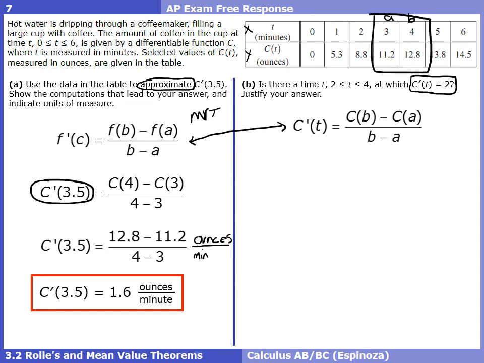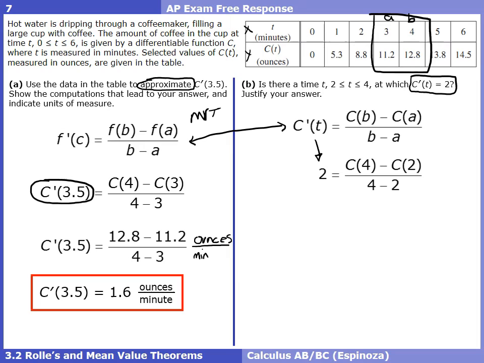So, is there a time between 2 and 4 where we have a derivative equal to 2? Well, let's see. We want to verify that if c prime of t is 2, does the slope of the secant line also equal that same value? Well, from 2 to 4 is what we're looking at.